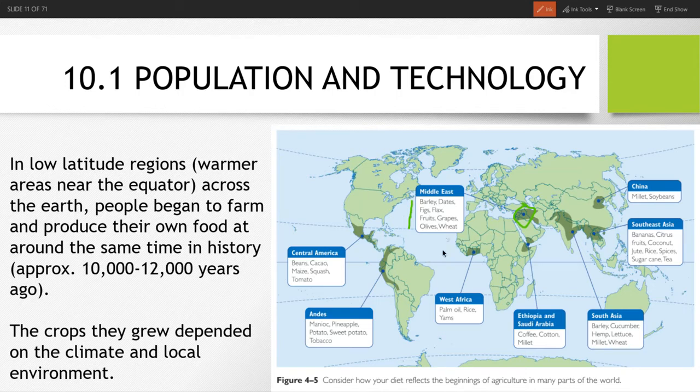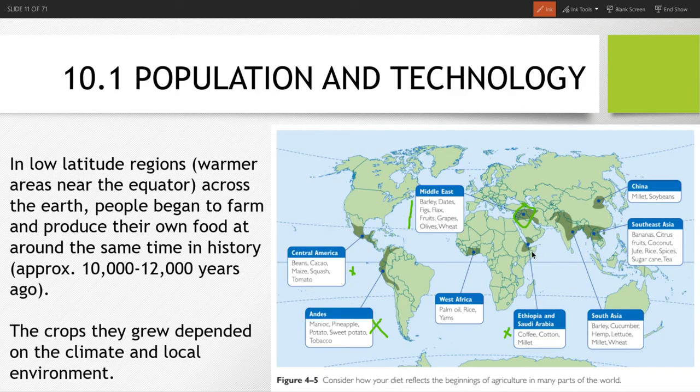But you get a range of crops depending on where you are. So in Central America, beans, squash, maize, tomatoes are being grown. Sweet potatoes in South America, coffee down here in Eastern Africa there.